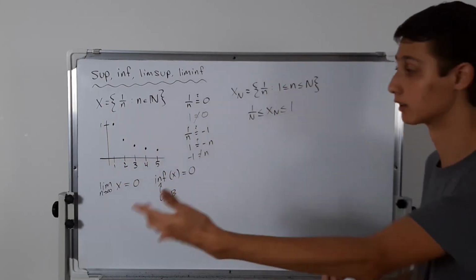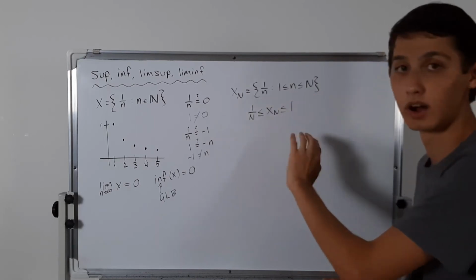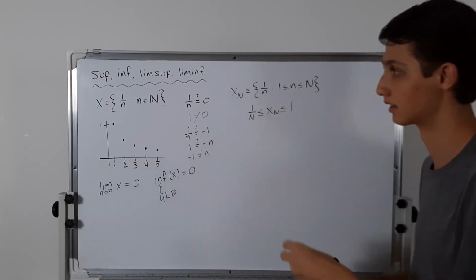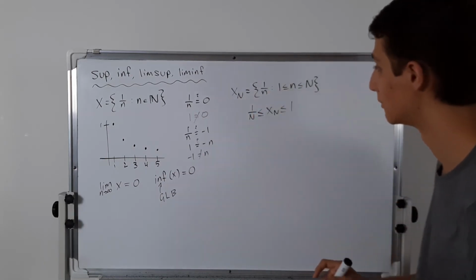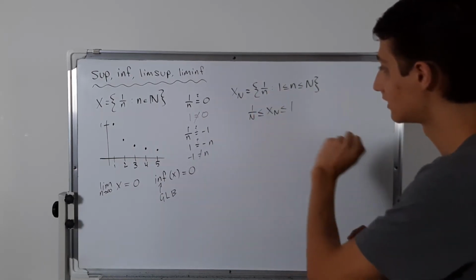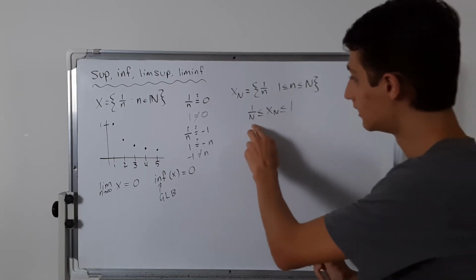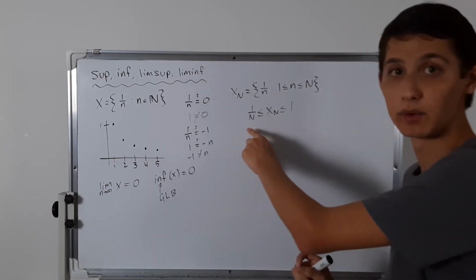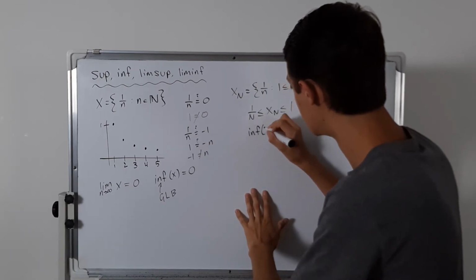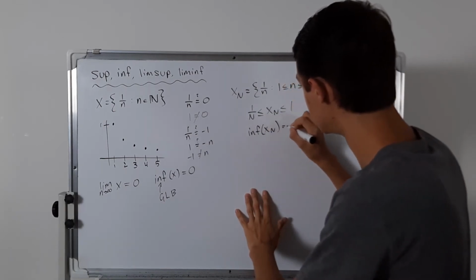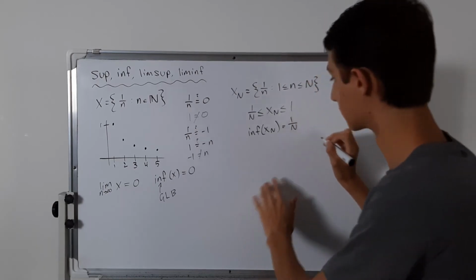There's no point where it increases, so our endpoints are the least and biggest elements in the set. So in this case, 1 over n is actually in our set. So therefore the infimum of x sub n is equal to 1 over n, or 1 over capital N.